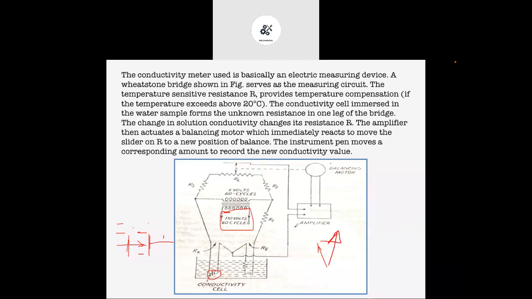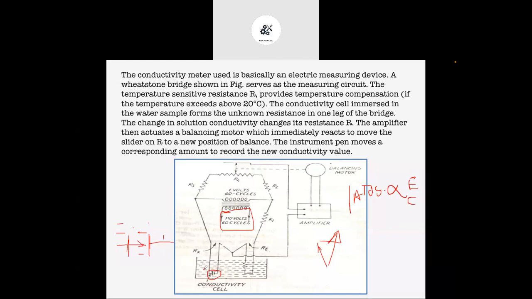Now, whenever the amount of dissolved salt increases, the conductivity of water increases. So the amount of total dissolved solids is directly proportional to the electrical conductivity of the water.